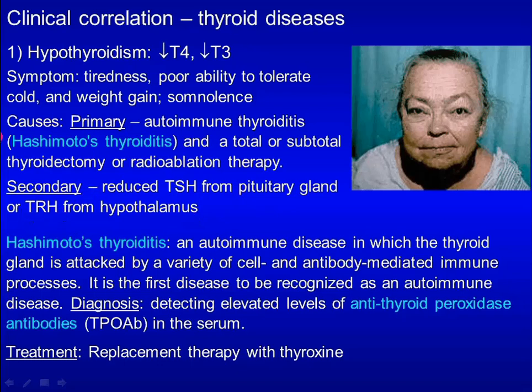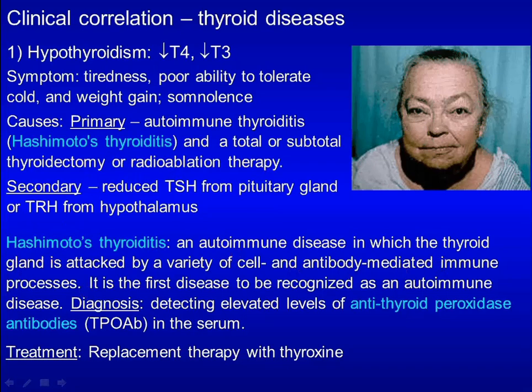Primary hypothyroidism is caused by autoimmune thyroiditis or removal of thyroid gland by surgery or radioablation therapy. Hashimoto thyroiditis is an autoimmune disease in which the thyroid gland is attacked by a variety of cell and antibody-mediated immune processes.